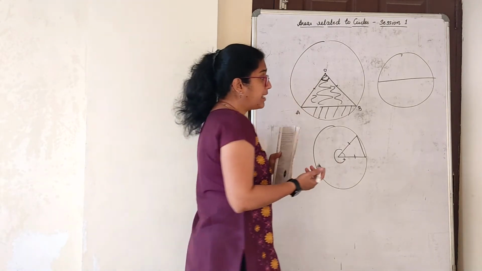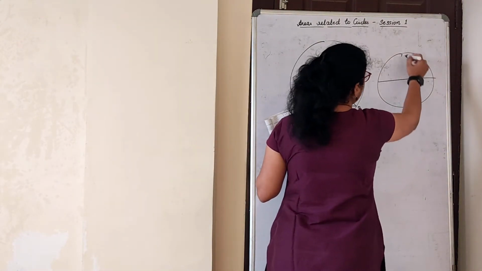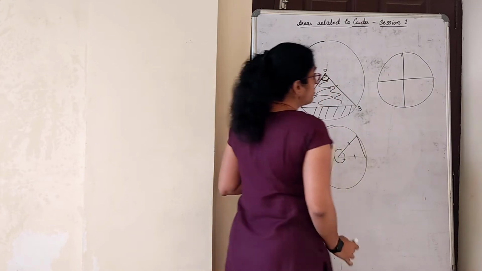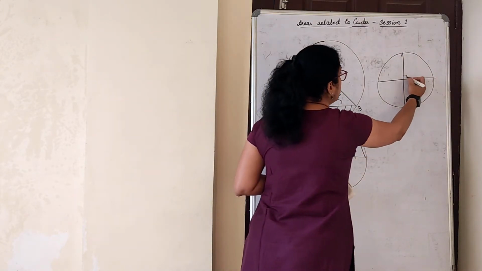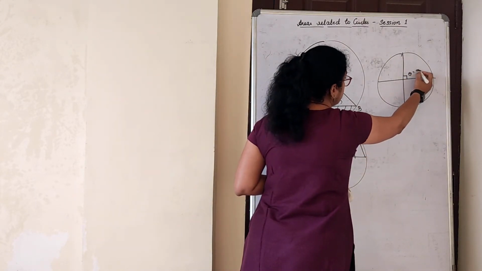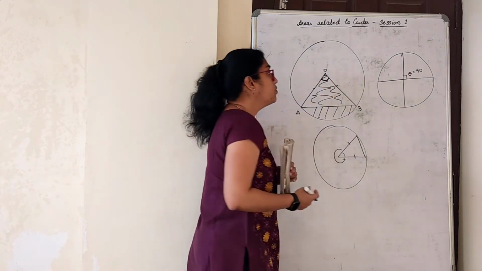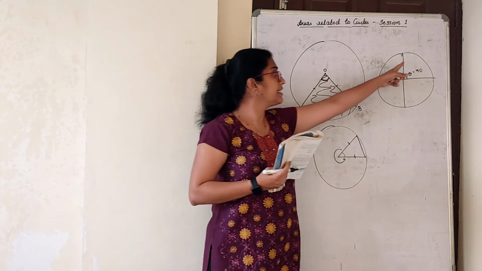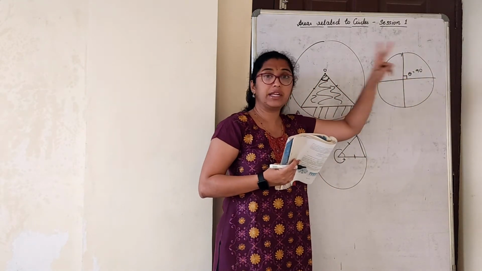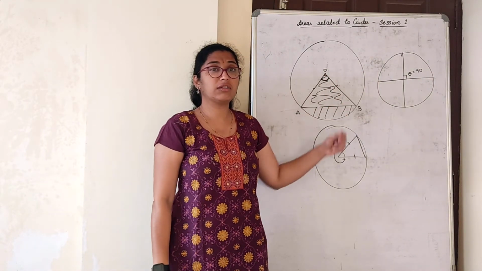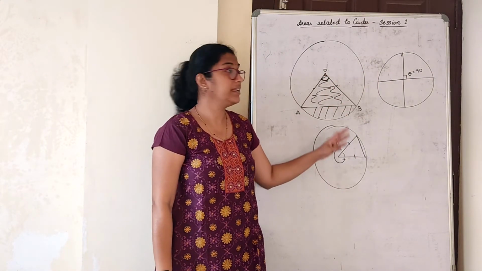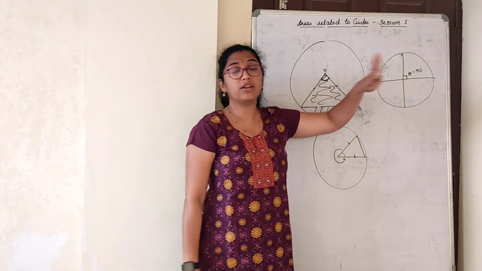Apart from that, we should also know that when we draw quadrants to the circle, the angle formed here we consider as 90 degrees. Even this is a sector, a region bounded by 2 radii, but this part is called a quadrant of a circle, right? So what is the area of one quadrant?